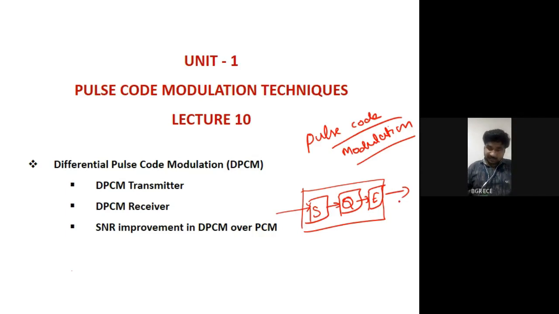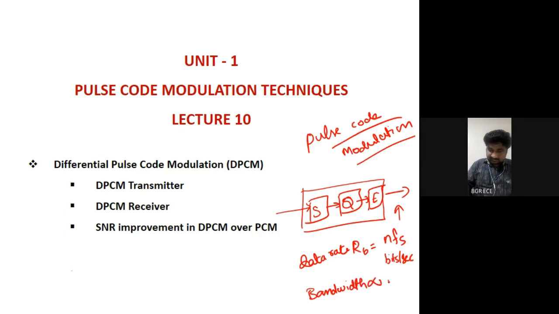And at the output of the encoder, we have n into fs bits per second as the data rate. So the bandwidth is directly proportional to the data rate, and the data rate is directly proportional to n, so the bandwidth is directly proportional to n.